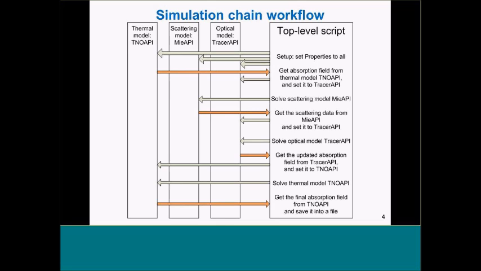Then we will use the solve step for the MIE API or the scattering model and let it run. This will be done synchronously, so we have to wait for it to finish.